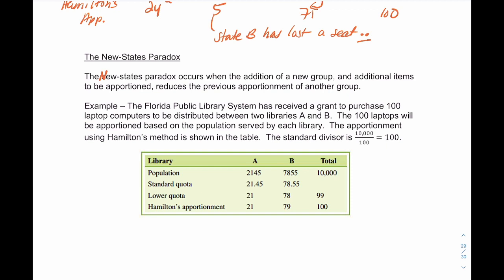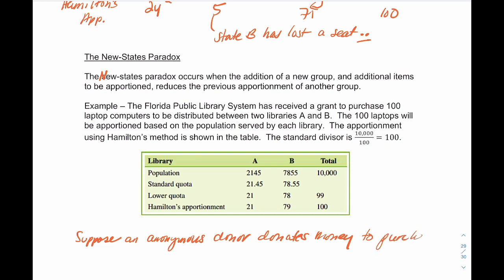Okay, here's a scenario. Suppose an anonymous donor decides to donate money to purchase 6 more laptops. But there's a condition.